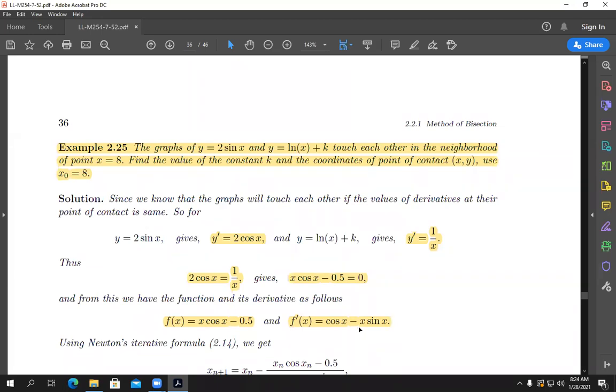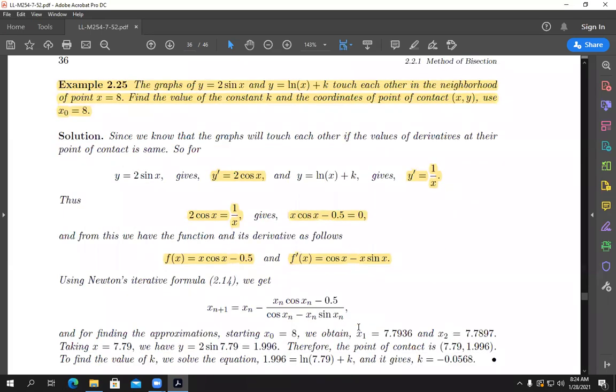Now you have f and f dash. Then I say find the coordinates here. In the exam I mentioned that you do this with the help of Newton's method and find the second approximation.